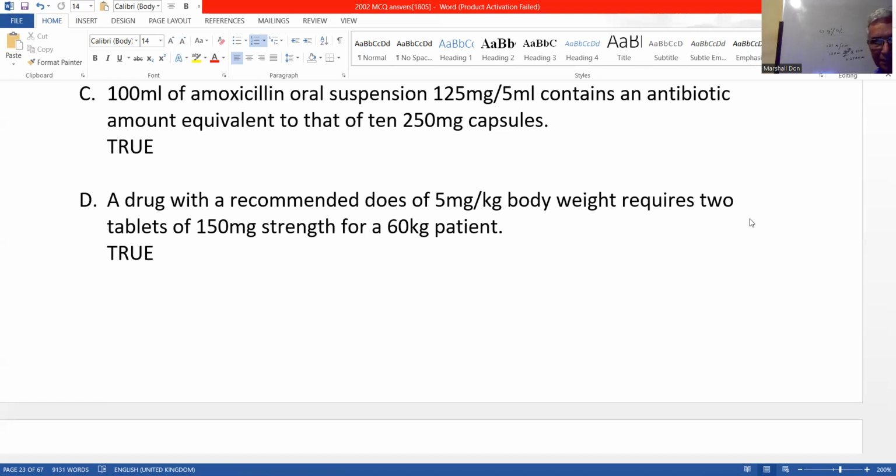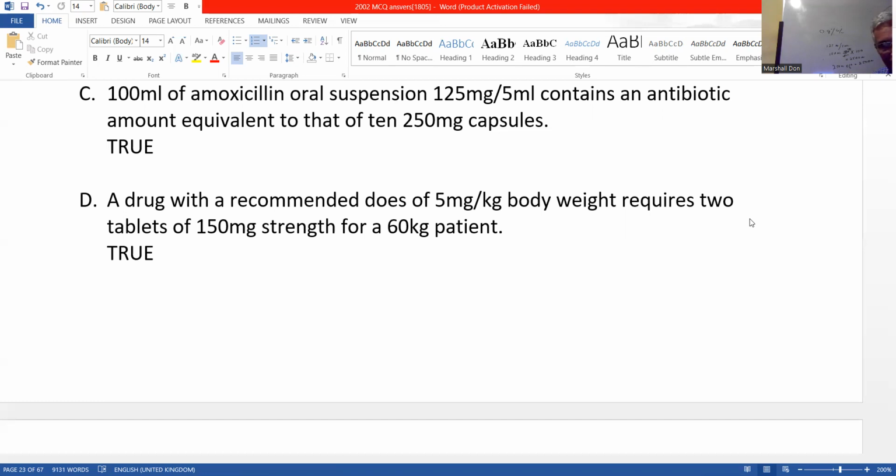Each capsule contains 250 milligram, so 250 milligram into 10 capsules is again 2500 milligrams. So in total, you get the same thing.